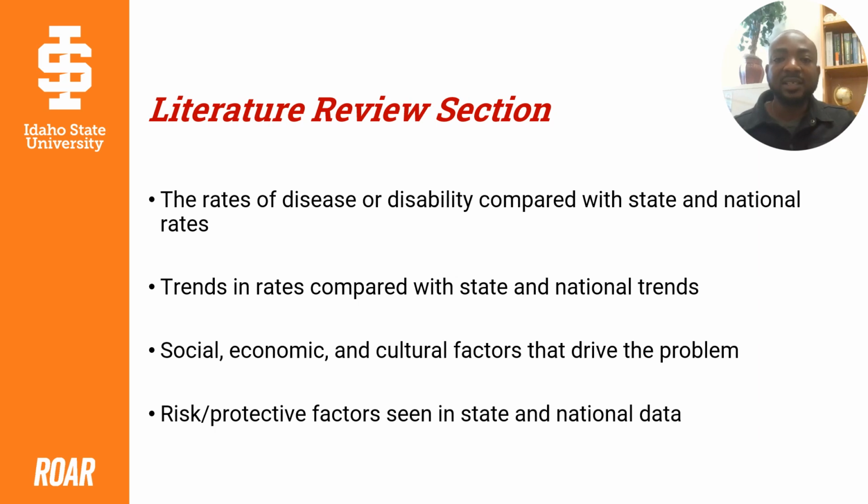And so you want to include items such as the rates of disease or disability in the community compared with the state and national rates, trends in the prevalence or incidence of disease and disability in the community compared with state and national trends, and the social, economic, and cultural environment that drives the problem or the condition of importance, and peer, family, community, institutional, policy, structural, and systems influences that are associated with the problem, and the risk and protective factors associated with the problem, as seen also in the state and national data.